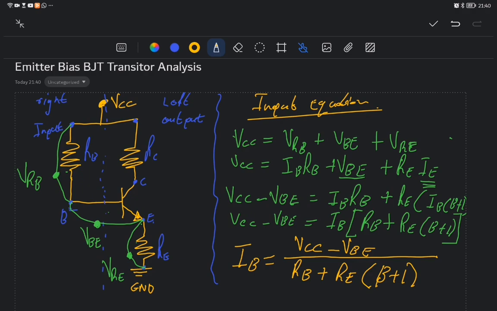So let's try and find the output equation. Let's go and attempt to find it.